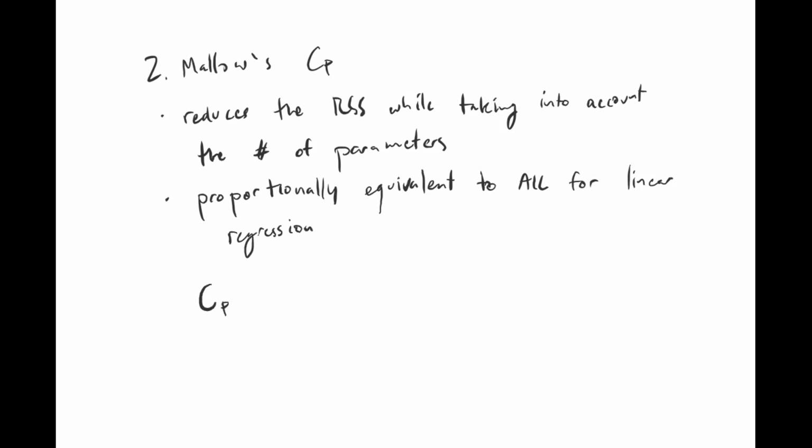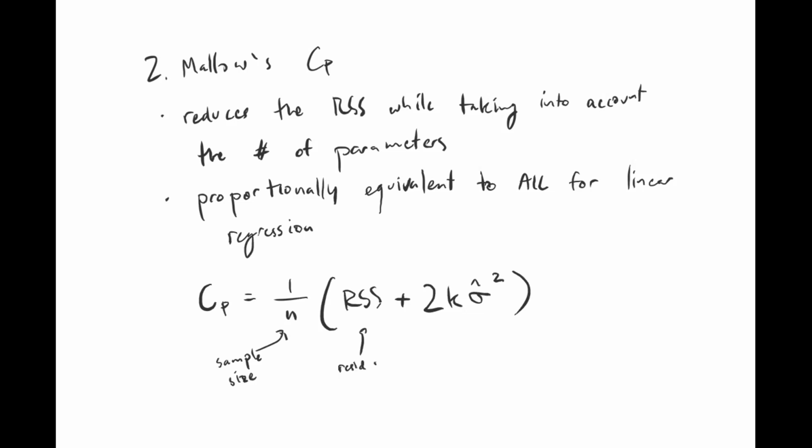So Cp is equal to 1 over n, where n is the sample size, times RSS plus 2k, where RSS is the residual sum of squares, k is the number of predictors, and this last term is the estimate of your variance.